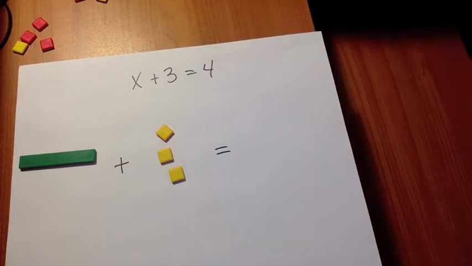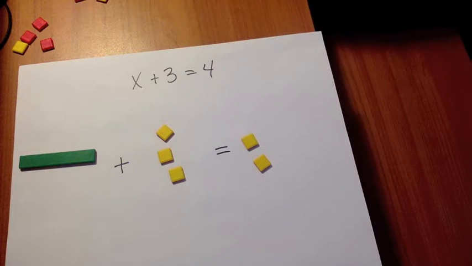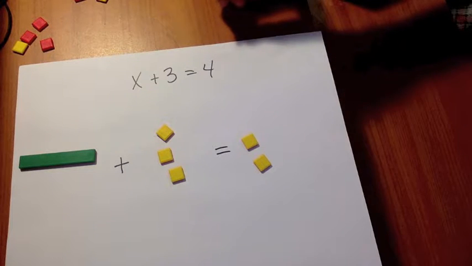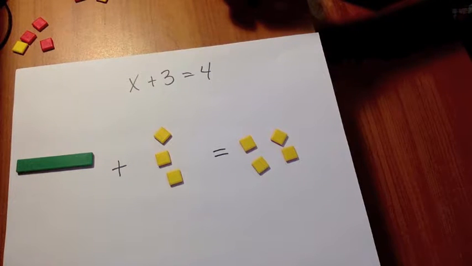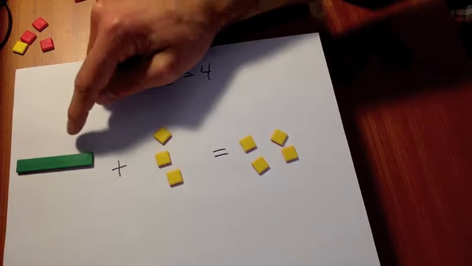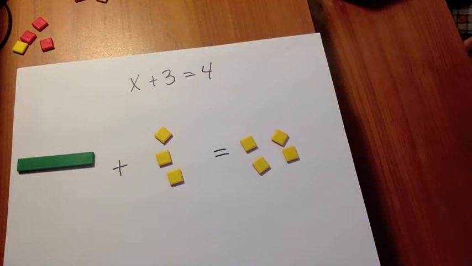Then we have an equal sign, and again you can ask them, is it positive 4 or negative 4? They should be able to get to this point. So we have x plus 3 is equal to 4.